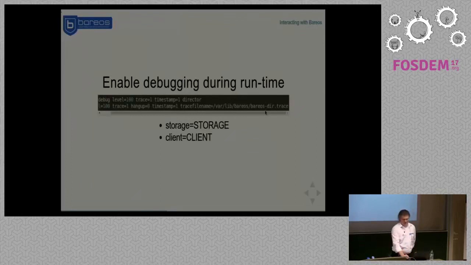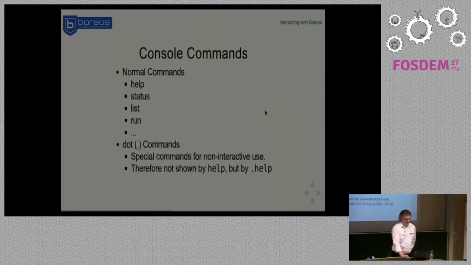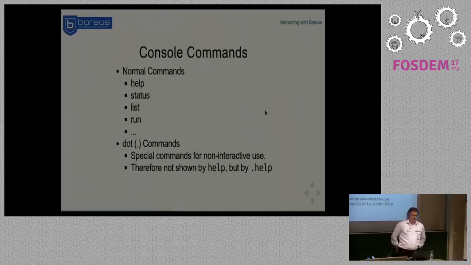And this has been now all about the normal commands. You also have the special dot commands, and they have been intended for non-interactive use, but if you're creating scripts, then you might want to use them. You will not see them with the help command, but if you use the dot help command, you will also see these dot commands. For example, .sql.